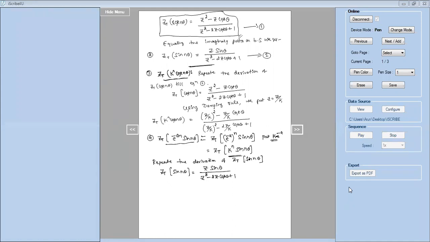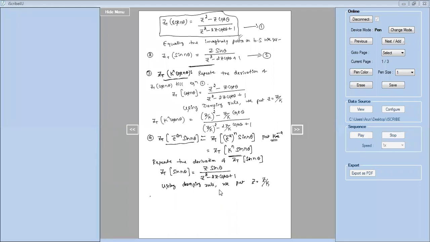Okay, so now use the damping rule. Using the damping rule, we put z is equal to z by k, because the reason is you have k power n into sin n theta, k power n into un. K power n into un is z is equal to z by k according to the damping rule. You put z is equal to z by k.